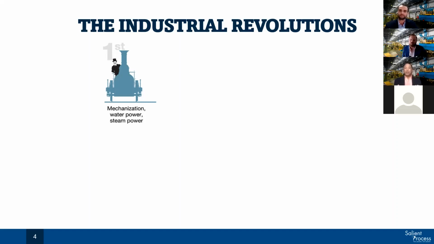So let's go through why we're in the fourth revolution and what happened in the first three. The first revolution was mechanization, water power. So you know, at 211 degrees, water is hot. At 212 degrees, one degree, water turns into steam, steam turns into power, power drives trains, and trains can take down mountains.